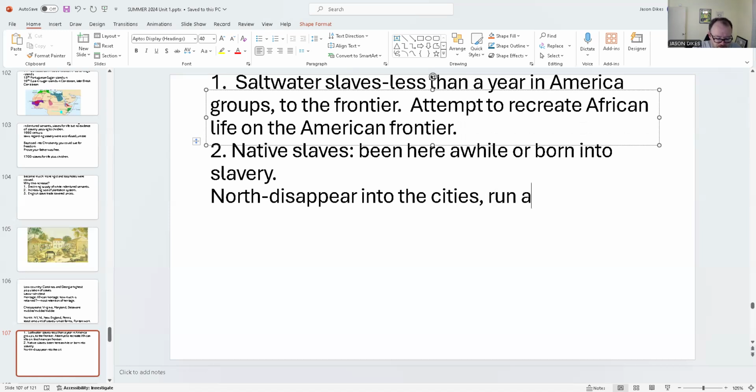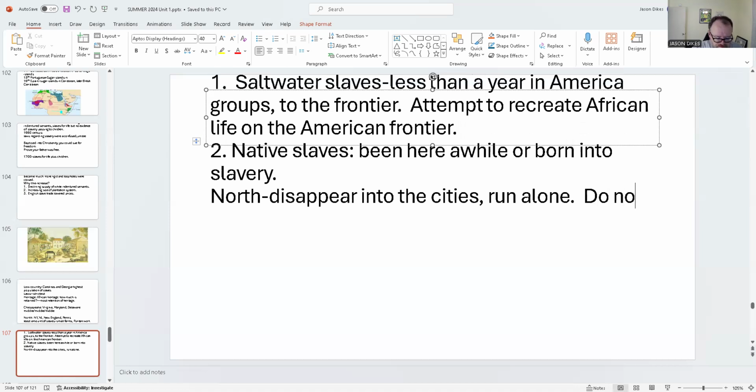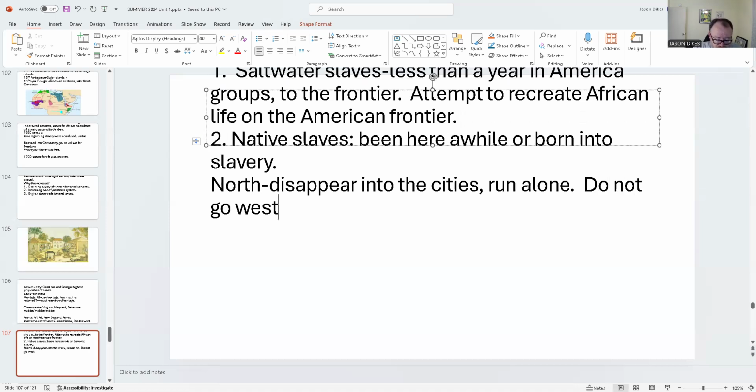They will also run alone. They do not go west because they are aware of Native Americans. Okay. And they know that the natives might kill them or will probably just turn them in for the reward money.